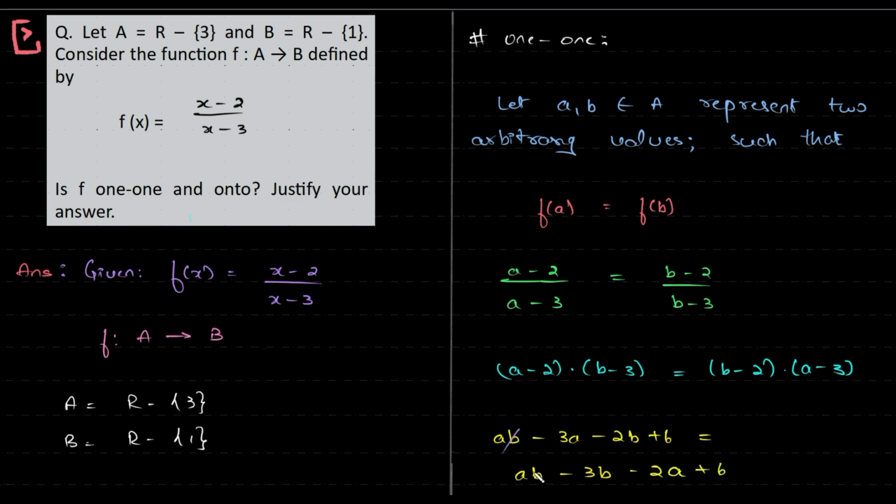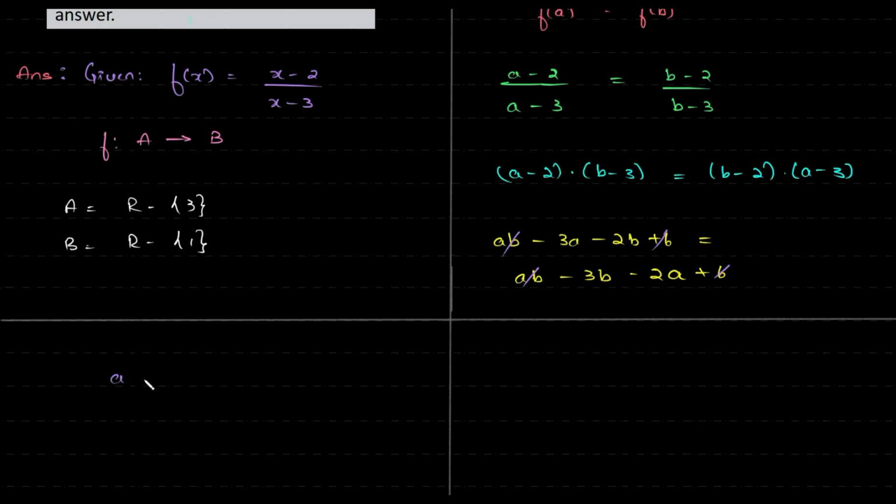Quite a few things will get cancelled here, and further rearranging, we'll get a is equal to b. From this, we can infer that our assumption was wrong and the same input values are pointing to a single output value. So finally, we can tell f of x is one-one.